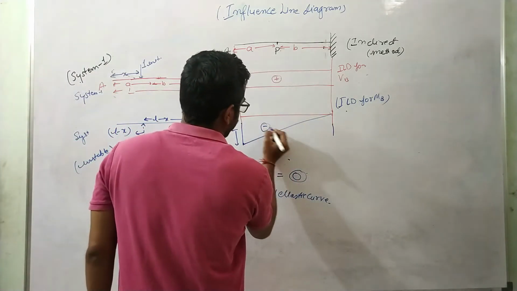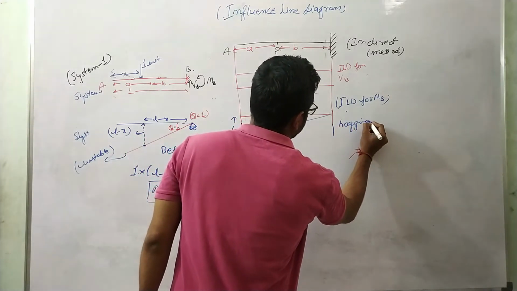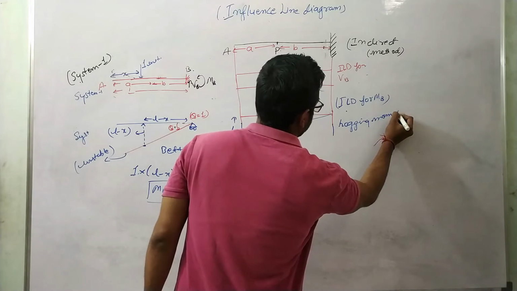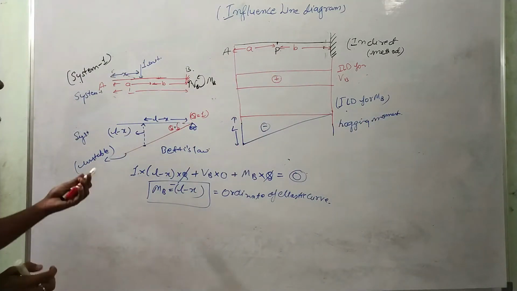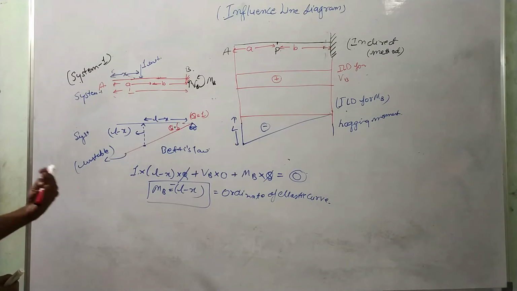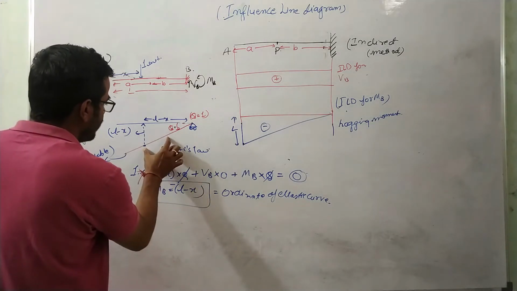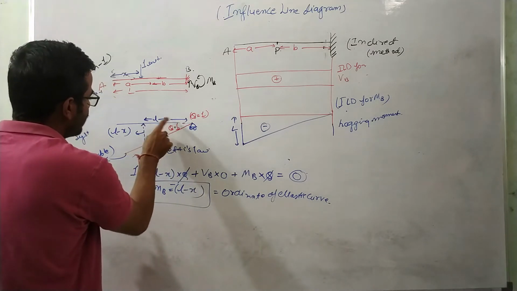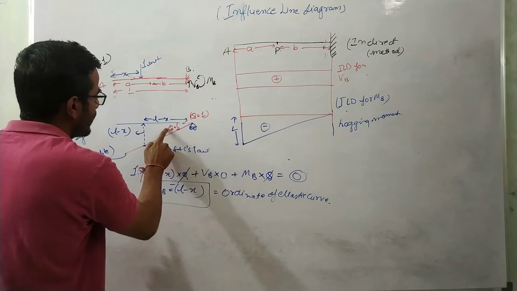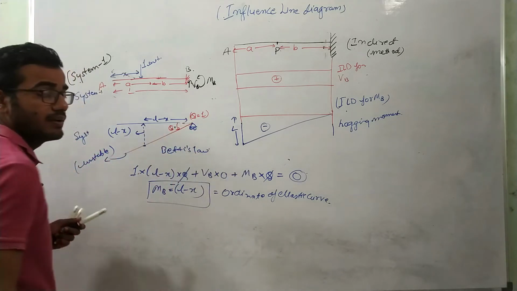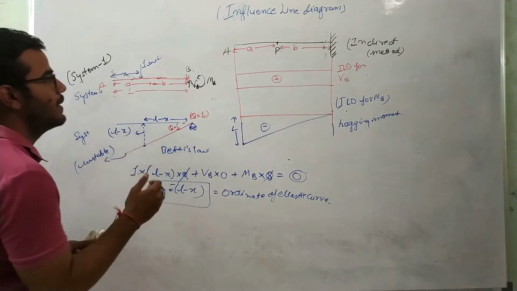And the negative sign shows that it is a hogging moment. Okay, so this is the way you get the influence line diagram for MB by using the Müller-Breslau principle, where this is the ordinate of the deflection curve. This is L minus x, and this ordinate will again be equal to L minus x, because theta is unity. So this is the way you solve for this support moment.